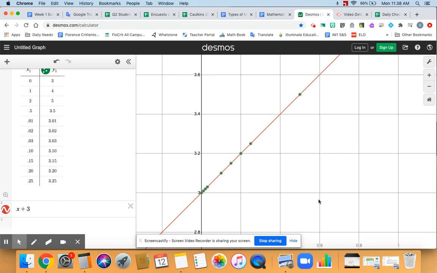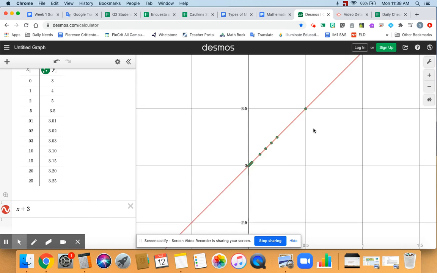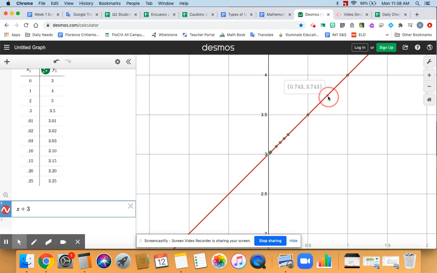We have billions and millions and trillions of points on our graph. And they're all just decimals, like this one here, 0.743 or 0.746 and $3.746. A line is millions upon millions of points super, super close together that make a line.